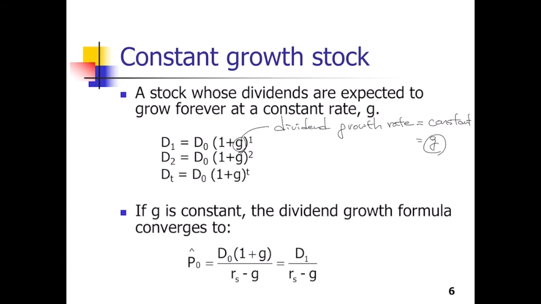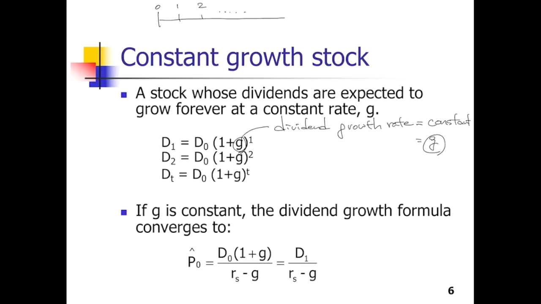So let me draw a timeline. Zero, 1, 2. We have an infinite number of periods, right? So there is no end. So we get dividend D1 here, at time 1, and D2, and we get the numbers. And the dividend grows at some constant growth rate.